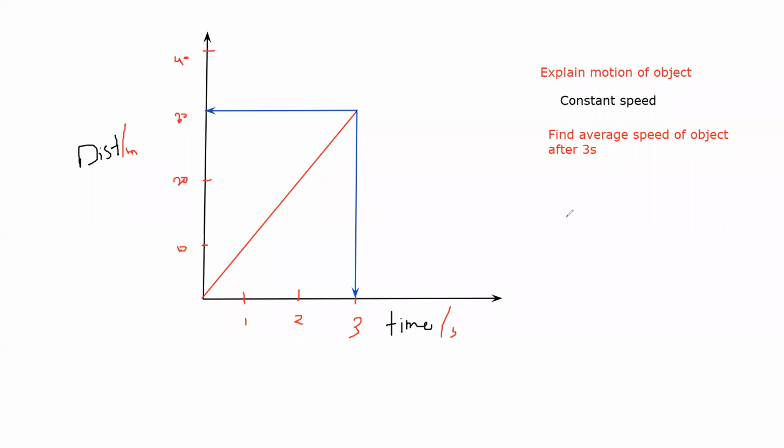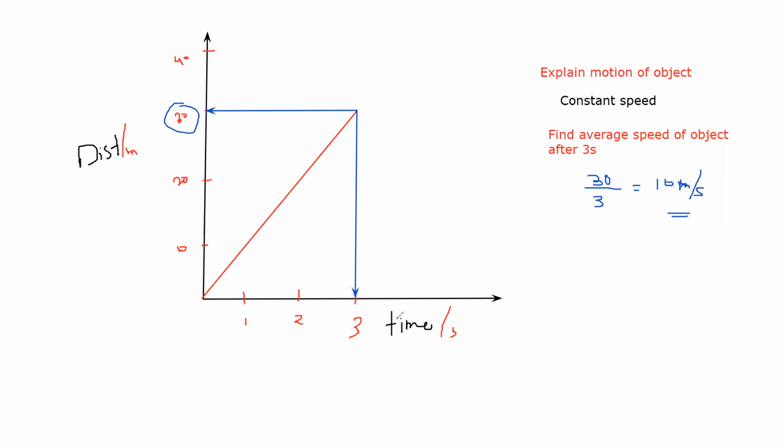So the total distance traveled is 30, and the total time it took is 3. So 30 divided by 3 is equal to 10 meters per second.